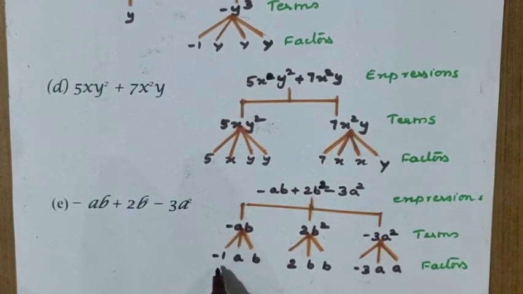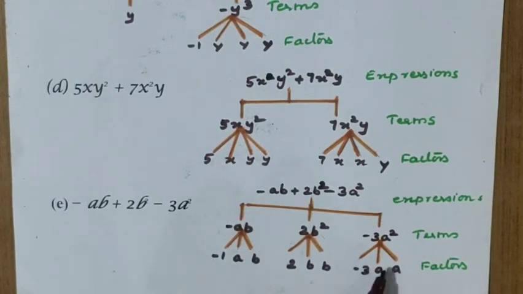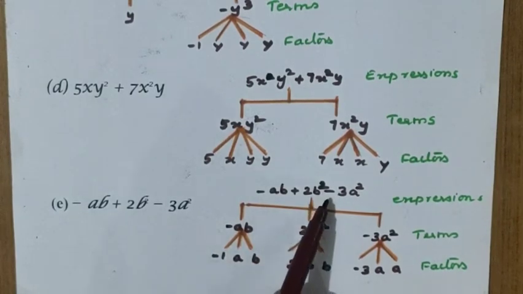Minus ab can be written as minus 1, a and b as factors. 2b square can be written as 2 into b into b. Again minus 3a square is minus 3 into a into a, since a square means a into a. Somebody who wants to write minus 1 into 3 also can write, it is correct only. So once again expression, terms, factors.